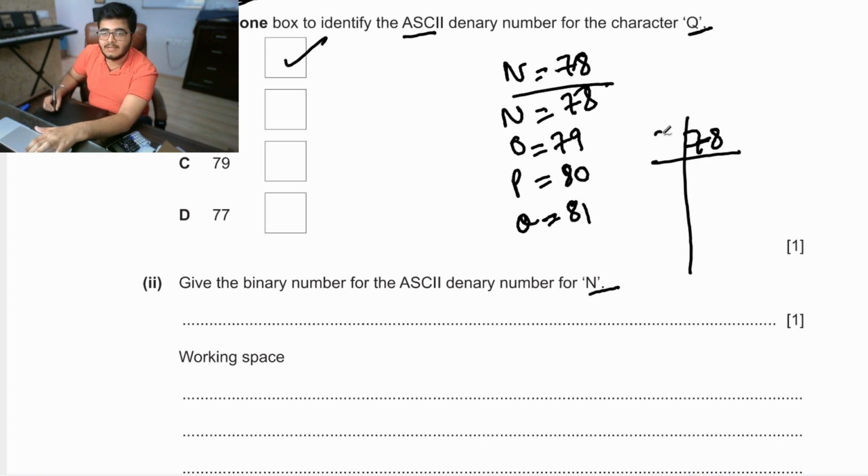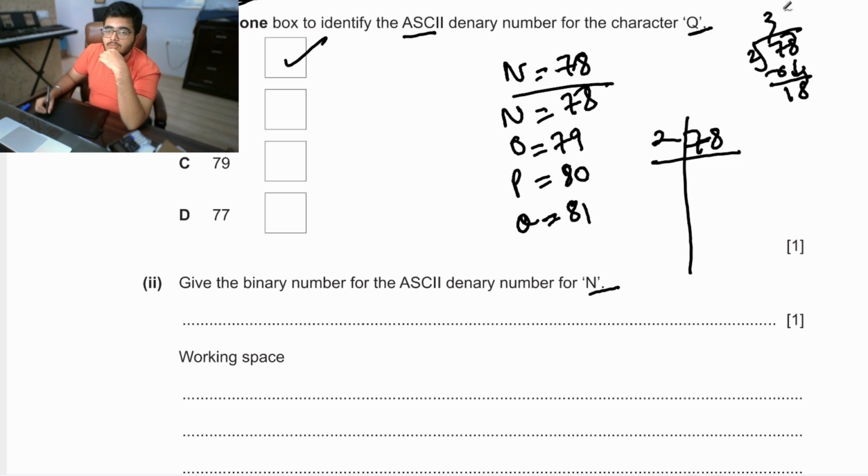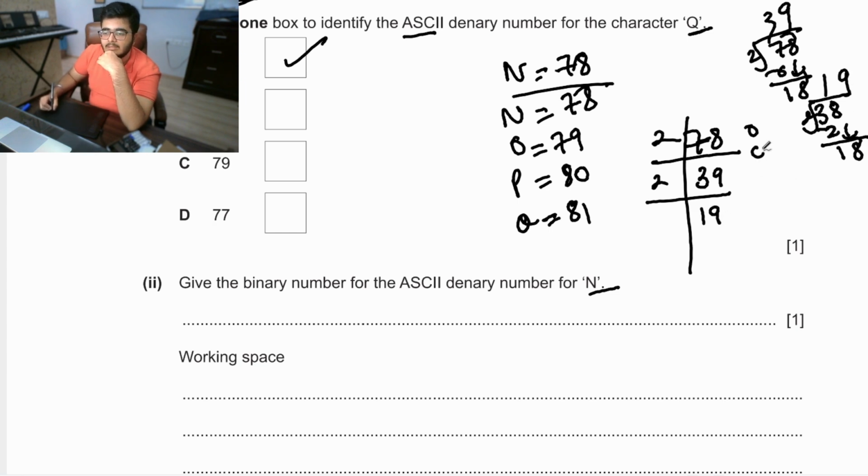We do the prime factorization method, right? So dividing 78 by 2, 2 3s are 6, remainder 1, 8. So 2 9s are 18. So 39, remainder will be 0. Let's divide 39 by 2. 2 1s are 2, 1, 18. 2 9s are 18. So 19 again, remainder 1. 2 9s are 18, remainder 1. 2 4s are 8, remainder 1. 2 2s are 4, remainder 0.